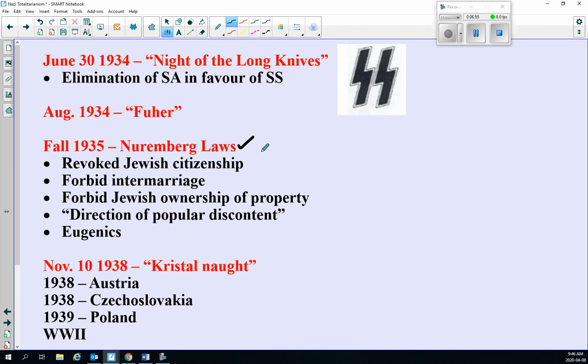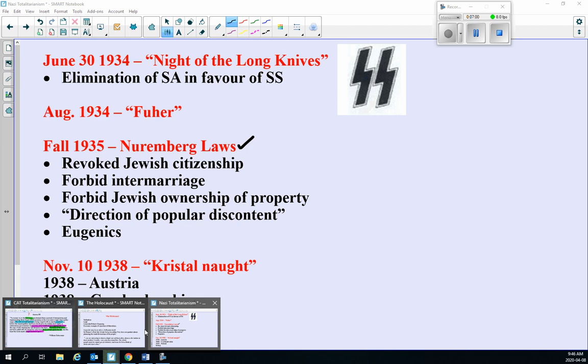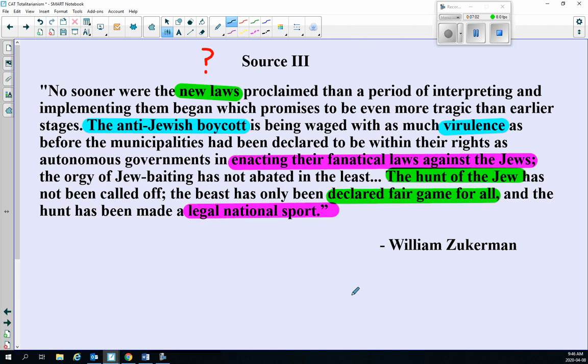So the laws began as early as 1933, but the actual Nuremberg laws don't happen until 1935. And so what he's basically saying is there had always been anti-Semitism, anti-Jewish feelings, boycotts, and so on, but the Nuremberg laws gave them a very enhanced focus.